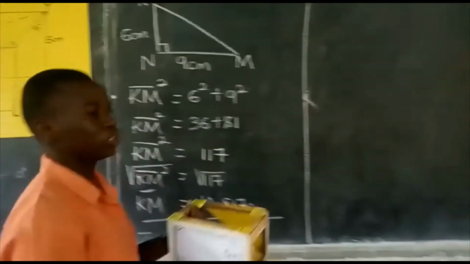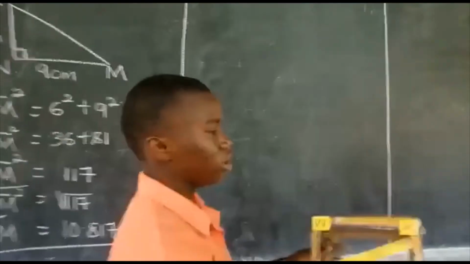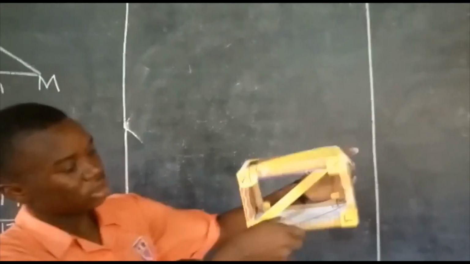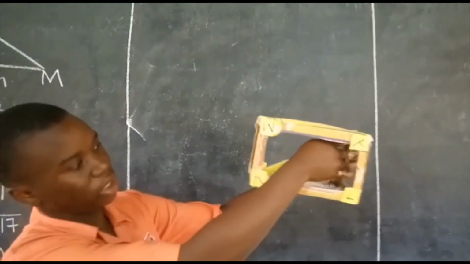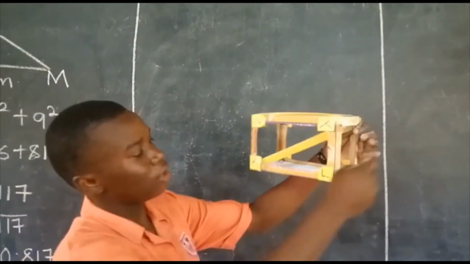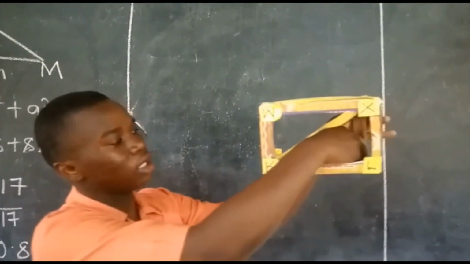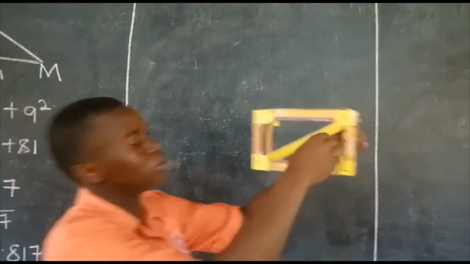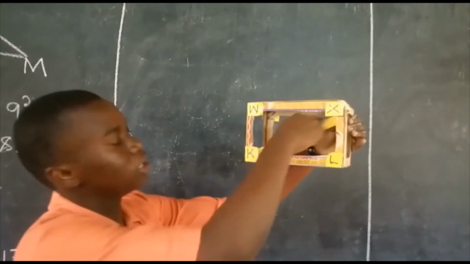Our second question is finding the length KY. Our KY is a diagonal of the cuboid. So we have a right angle formed at point M. We shall extract this triangle to find KY.